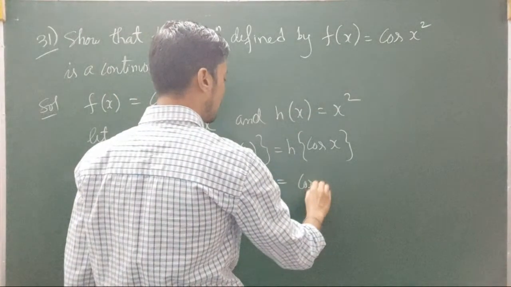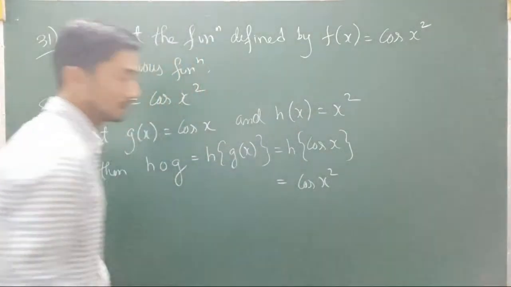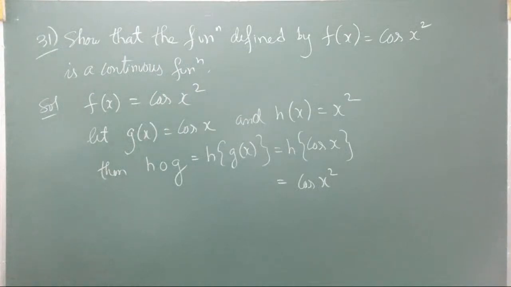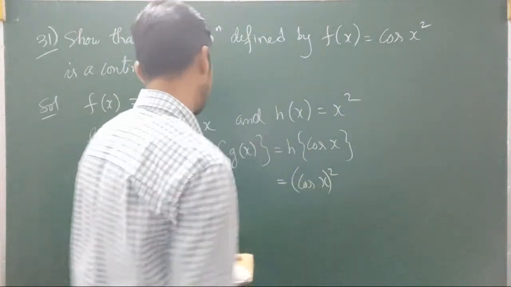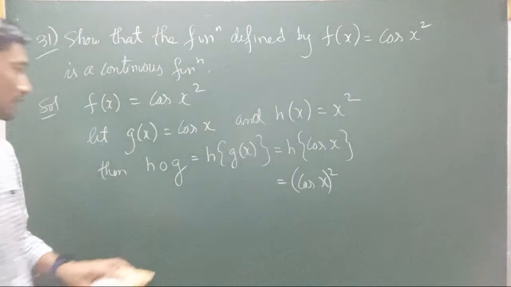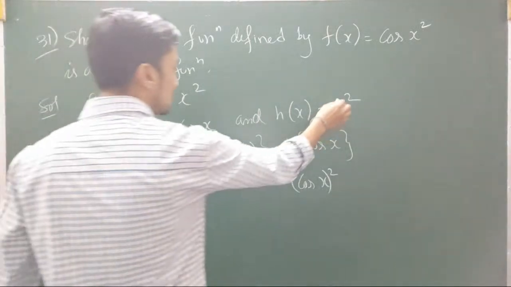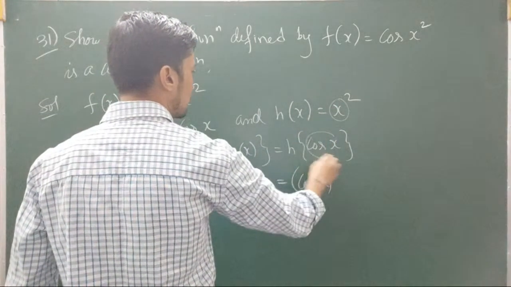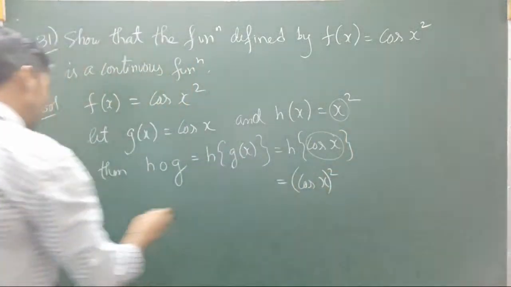So that's going to be cos x whole squared, which is different again. So h on g is not working out for us, because our function h is x squared, and x here is cos x.